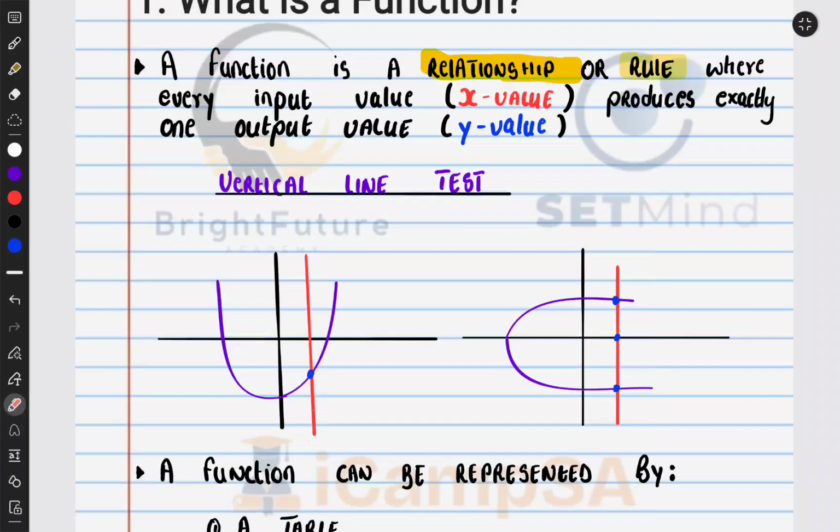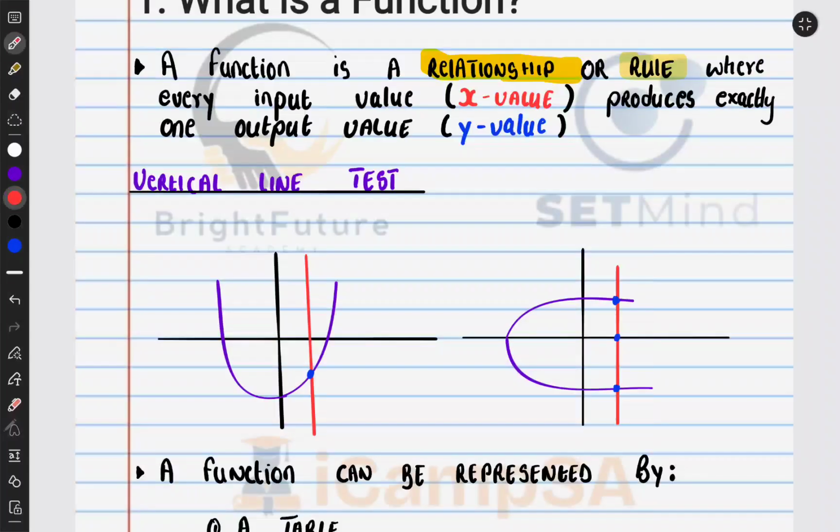Once it cuts the graph at more than 1 point, so 2 points or 3 points, then that graph is no longer a function. So the vertical line must cut the function at exactly 1 point, and that is what we call the vertical line test to determine whether a sketch is a function or not.